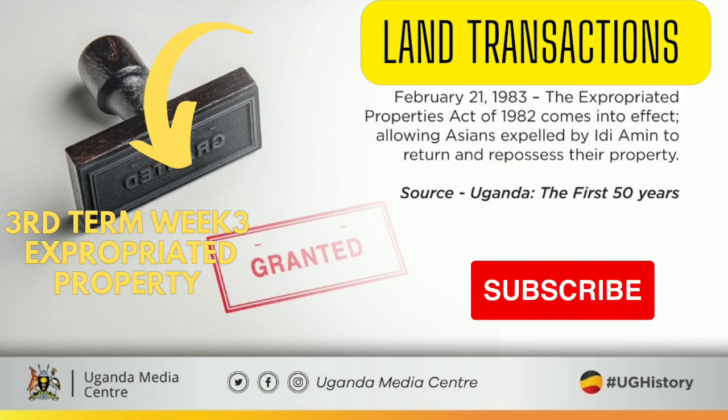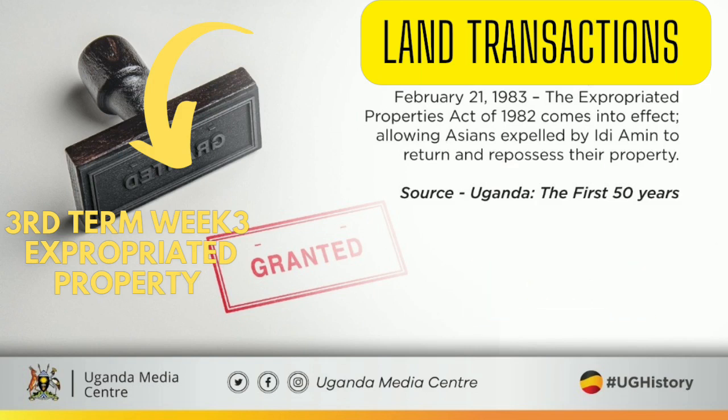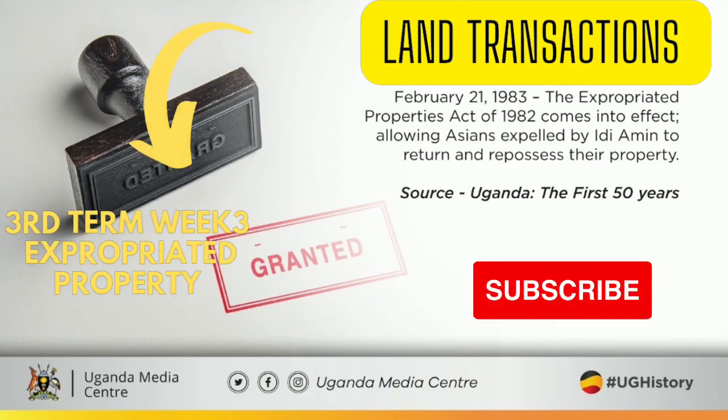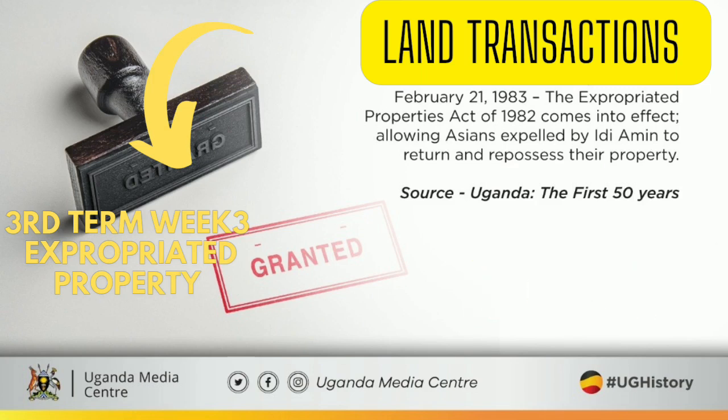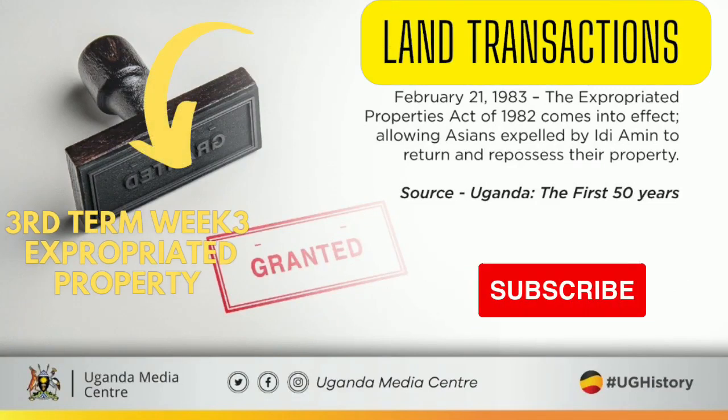So this implies that the process of expropriating property starts with 1, declaration of property under Section 1, then 2, maintaining a register of declared properties, then 3, issuance of the receipt as proof of declaration, then vesting of the properties in the government of Uganda.